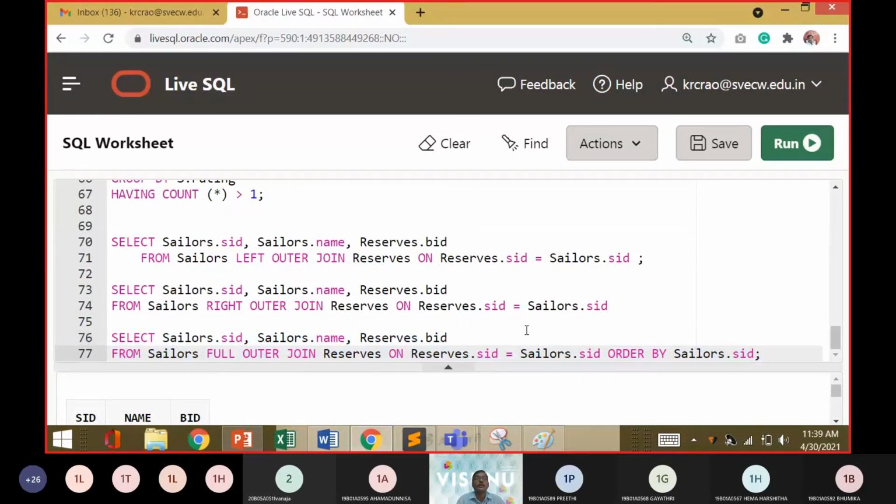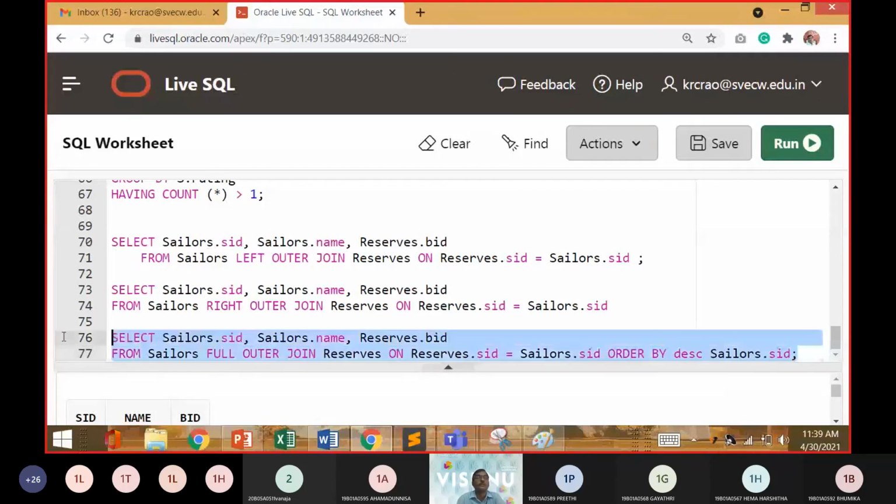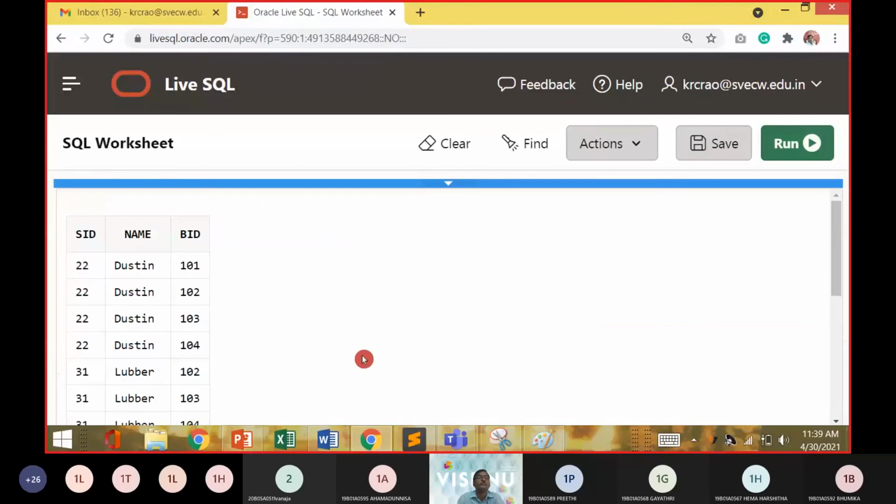Okay, then order by DESC. Let's check whether descending is at least working. No, this is also not working.